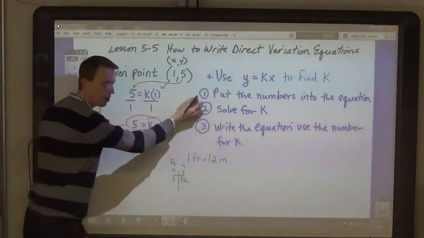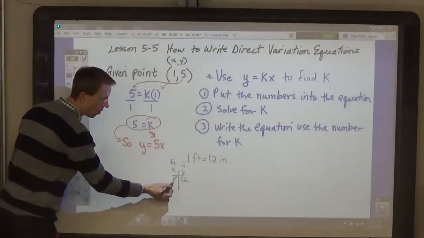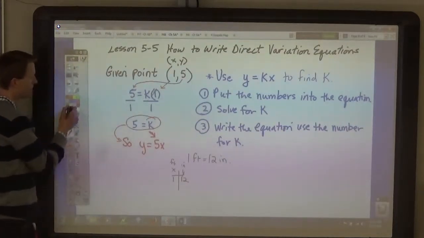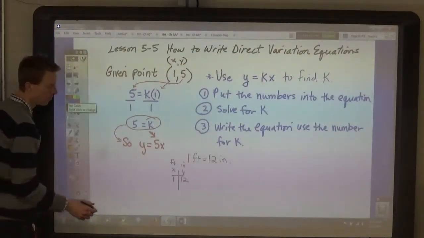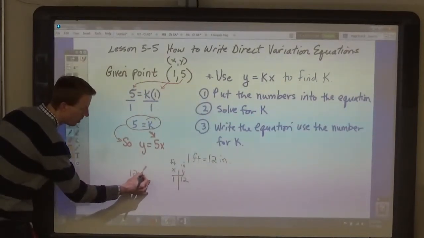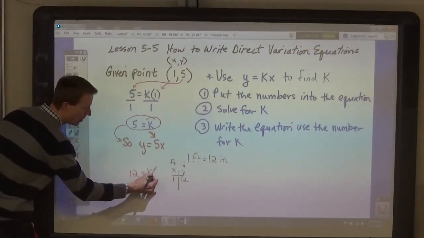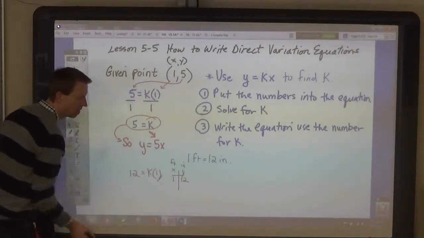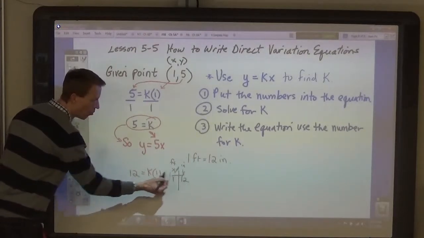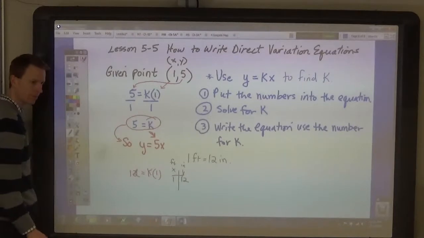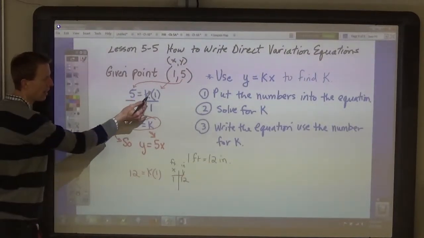Okay, let's use this process though. How would you write this into this form? 12 is the y, so 1 times k equals 12. 1 is the x, y is 12, just like up there where 5 was the y. It's y equals k times x.